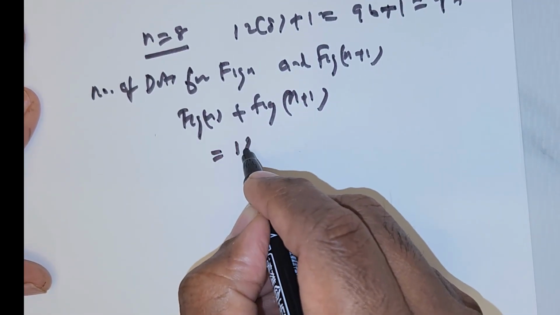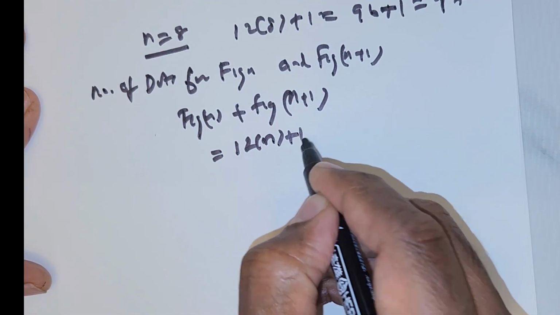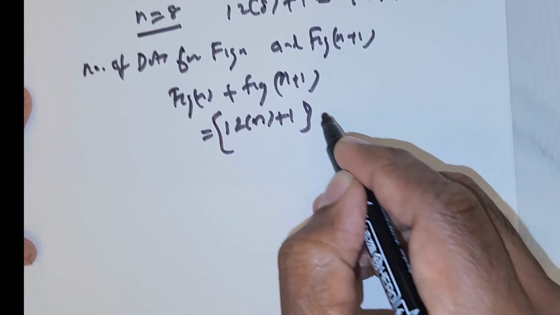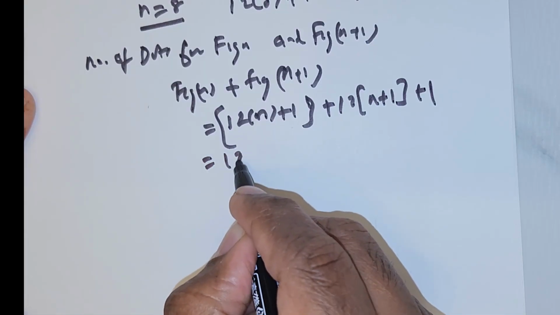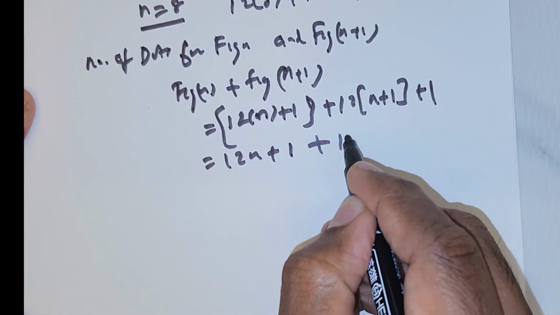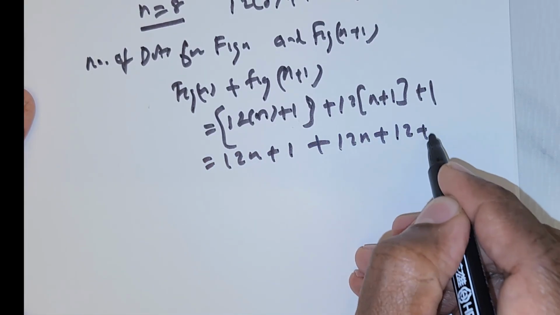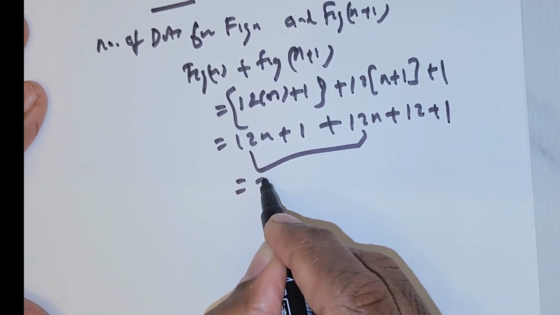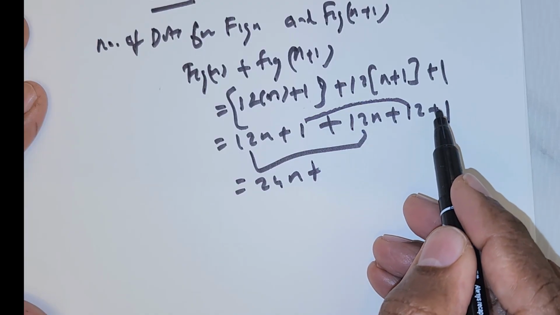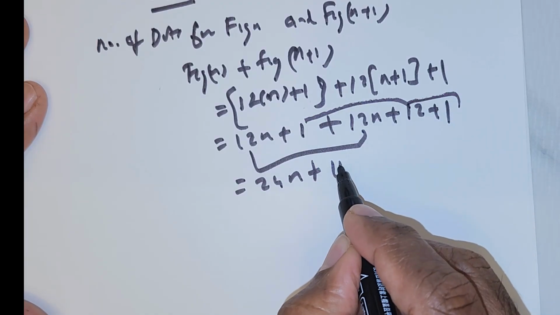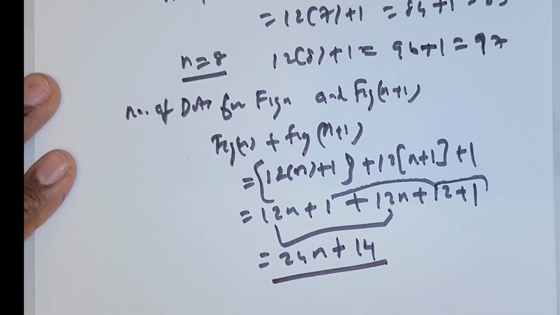This is going to be equal to 12 of n positive 1. This is added with 12 of n positive 1 positive 1, which is 12n positive 12 positive 1. We add these two together, we get 24n. We add 1 with 12, that's 13 added with 1, that's 14. So that is the solution for this question.